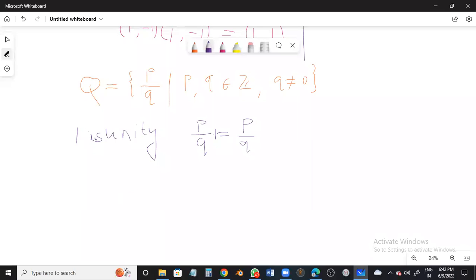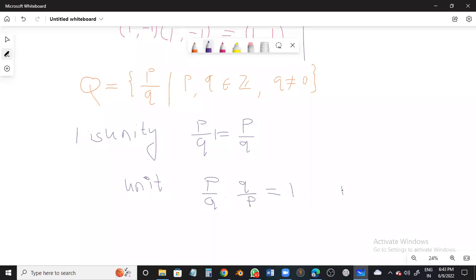Now what are unit elements in Q then? Unit elements means invertible elements. Which elements are invertible? If I take any general P by Q, by what should I multiply it so as to get 1? It should be Q by P, no doubt. But if P is 0, then what will happen? Q non-zero is the condition, but if P happens to be 0, then what will you do?